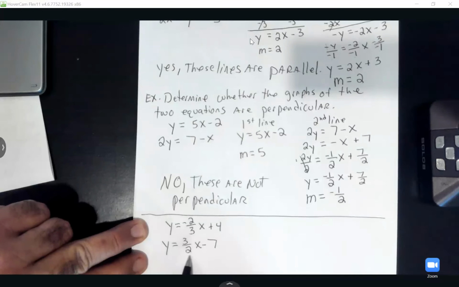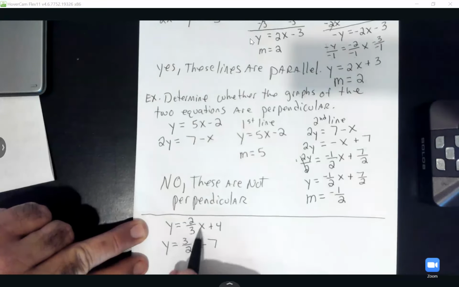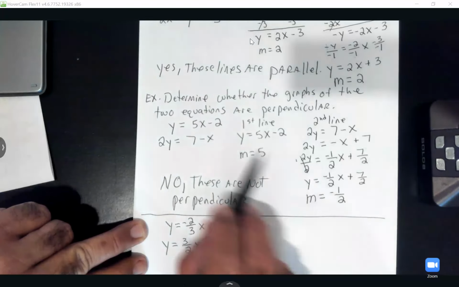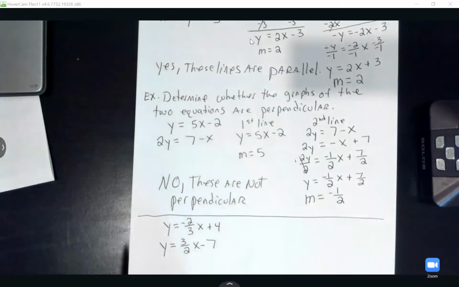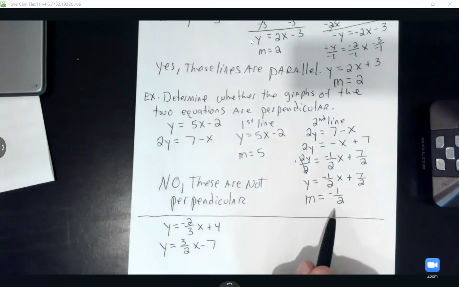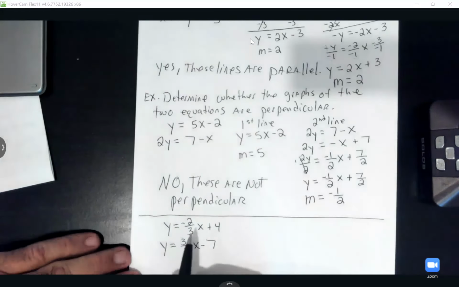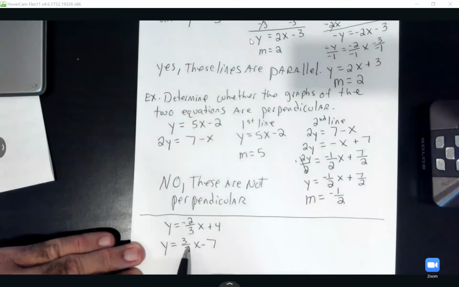The slope of the second one is flipped and opposite in sign. So this is its negative reciprocal. So if you find something like this, these lines would be perpendicular, okay? But y'all, these slopes are not, although one's positive and one's negative. If you flip 5, you get 1/5 and not a 1/2, okay? This is what perpendicular lines would look like.